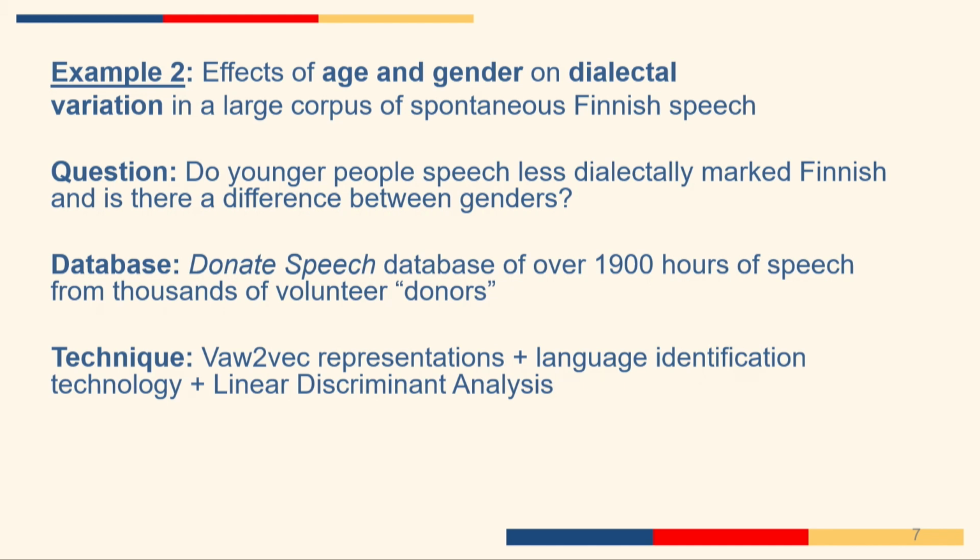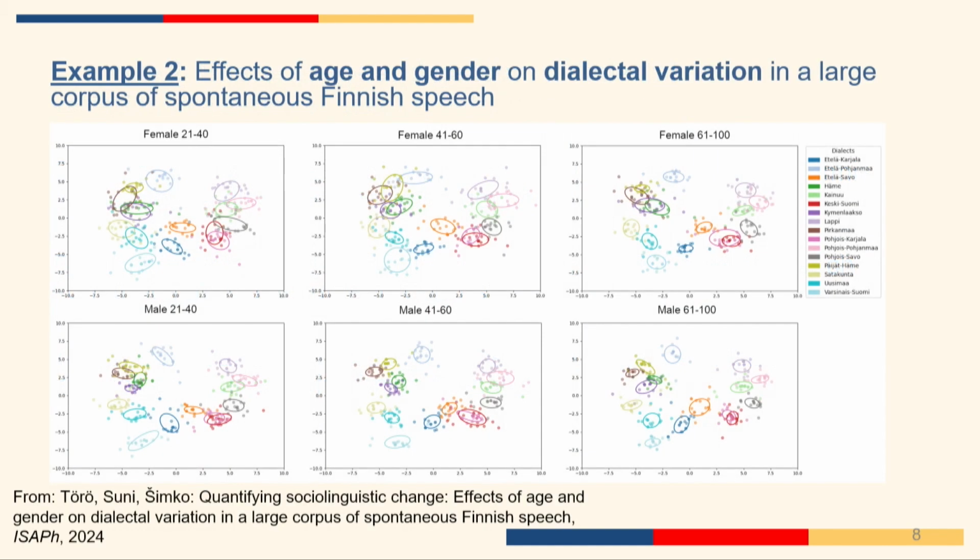But it's so huge that we hope that the size of the database will somehow compensate for its shortcomings. And again, we use essentially the same technique for this analysis as before. There are plenty of different results. You can very easily discern the Finnish dialects, for example, from the data.